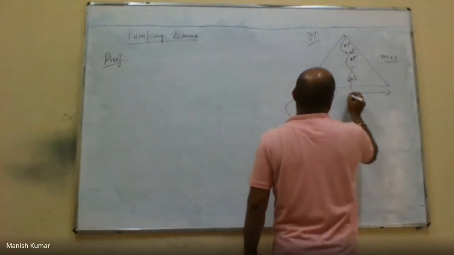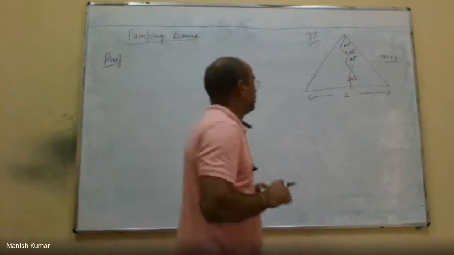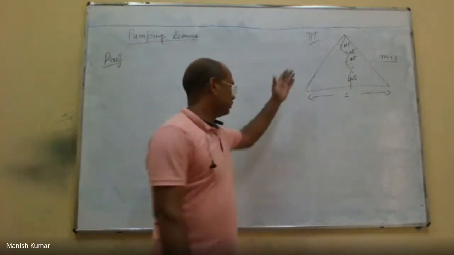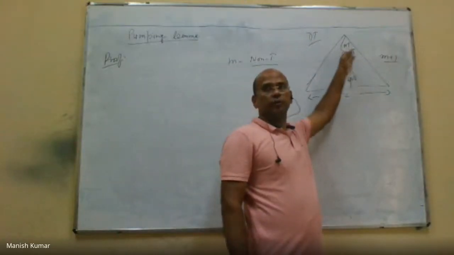We have only m non-terminals, so to generate m plus 1, a non-terminal should repeat.